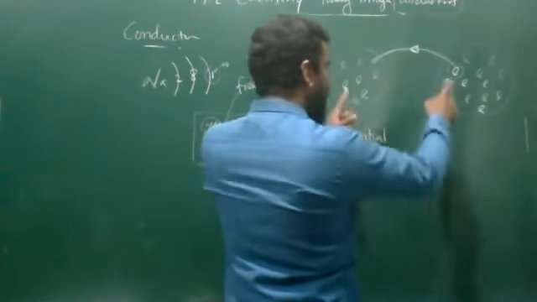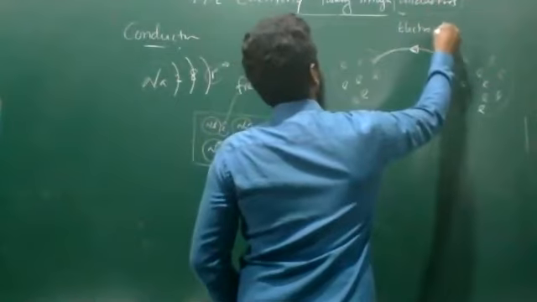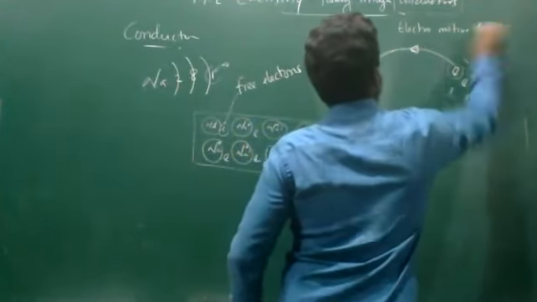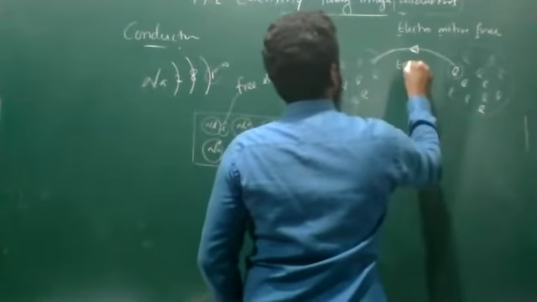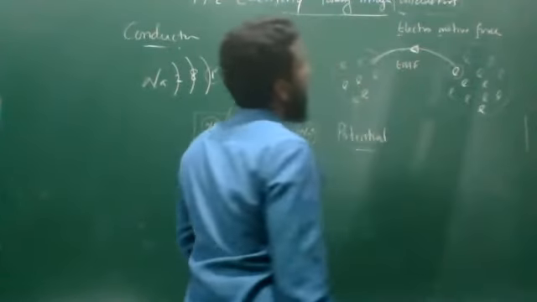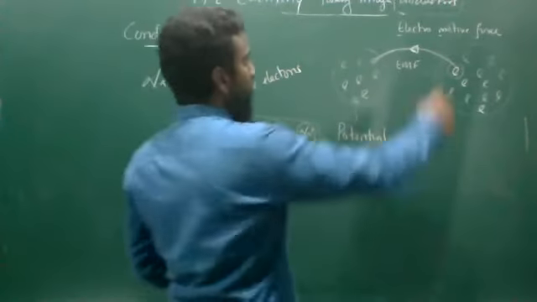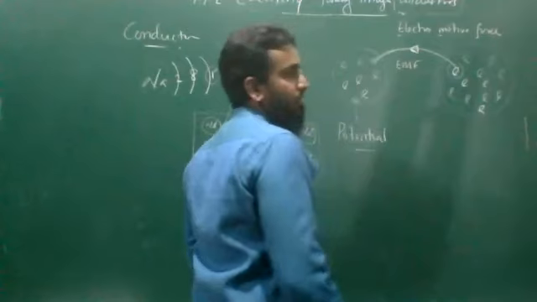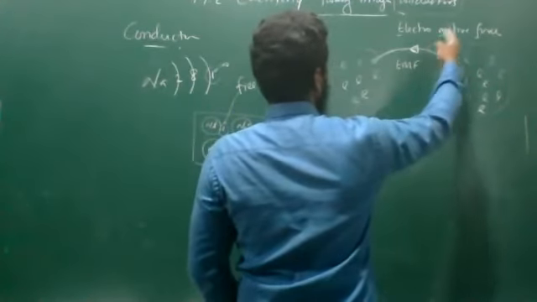That force is known as electromotive force. We are calling it EMF. This electromotive force is born because of the potential difference. By the potential difference, the electromotive force rises.